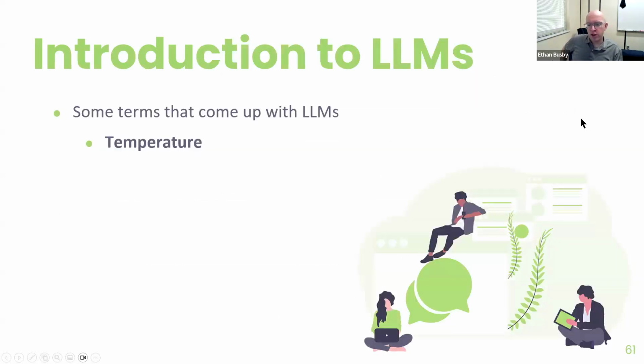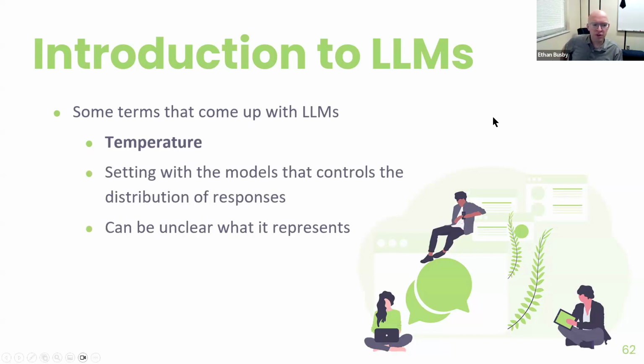Something that we talk about as well when we work with language models is a metric or a parameter called temperature. Temperature is a setting with the models that controls the distribution of responses that it generates. It can be unclear what this represents.